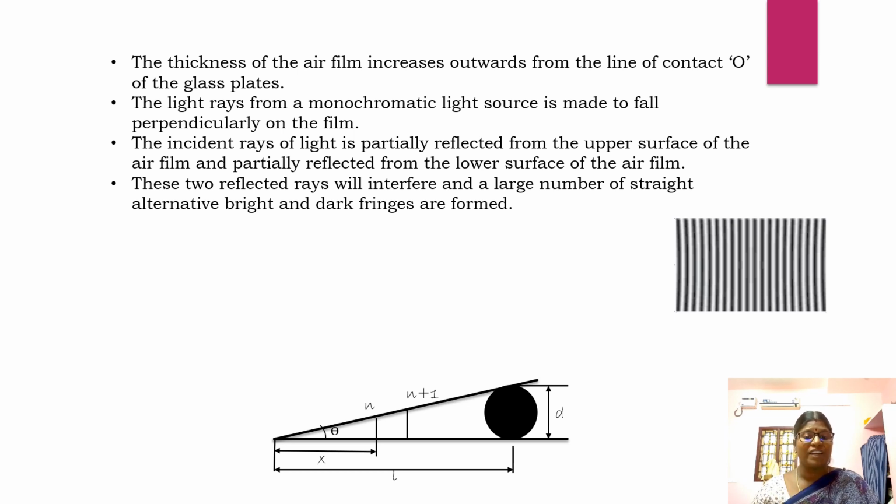These two reflected rays will interfere, and as a result, a large number of straight alternate bright and dark fringes are formed. That is shown here. This is the interference pattern produced by the air wedge experiment. We can observe the alternate dark and bright fringes in this experimental setup.